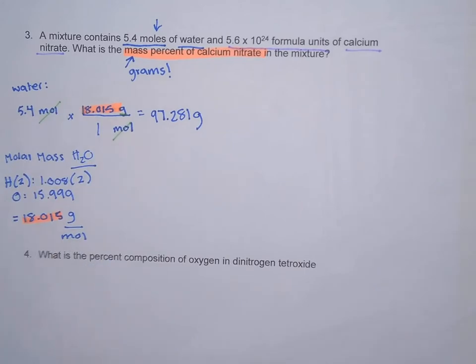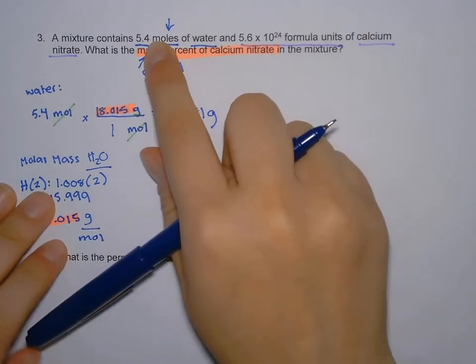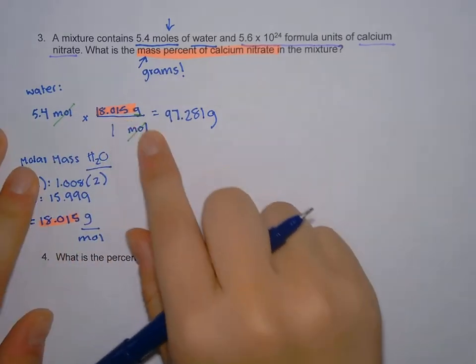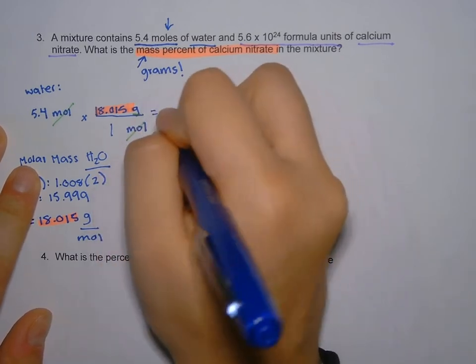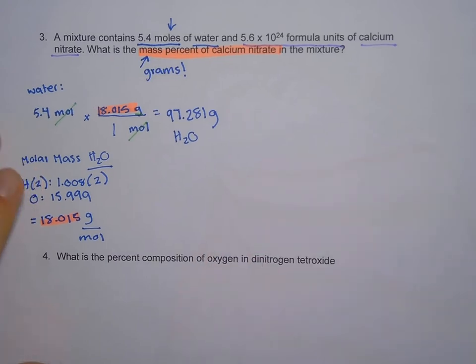So I converted my moles to grams, finding the molar mass of water, and I got a total of 97.281 grams of H2O, of water. Cool, so I'm halfway done.